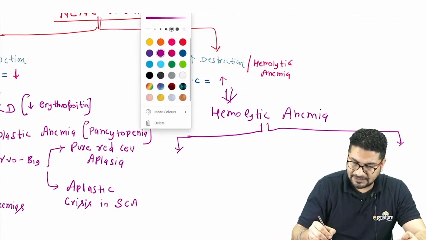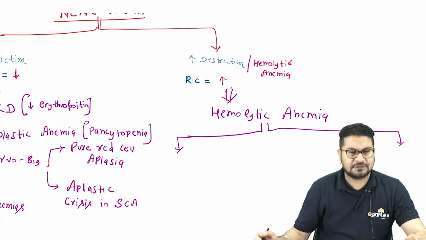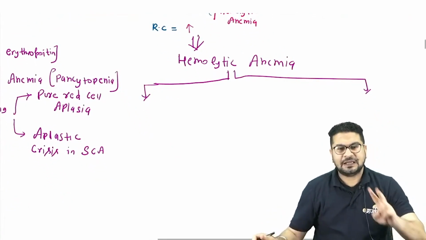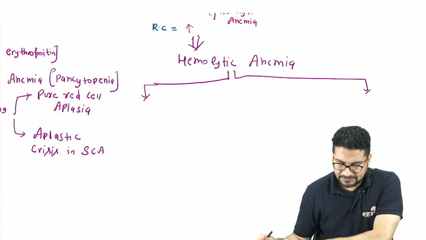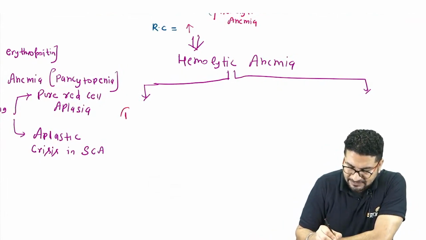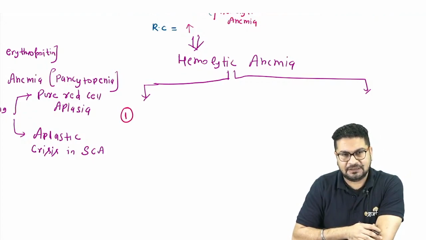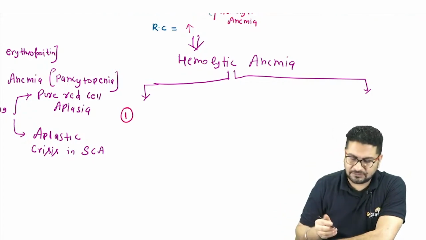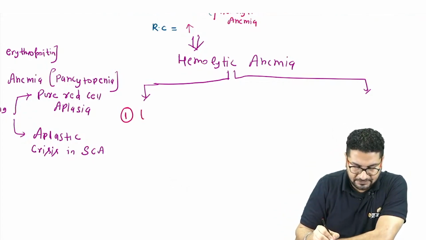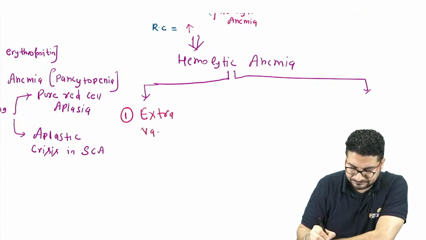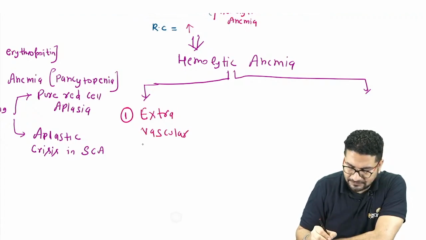So understand this, RBCs can die at 2 places. The first place where RBCs are dying is in the extravascular space. We call this extravascular hemolysis.